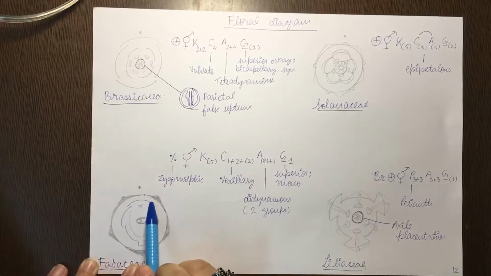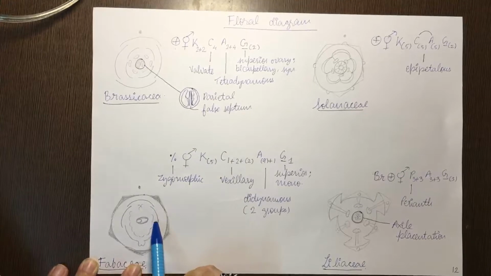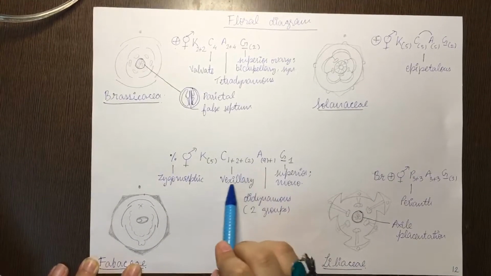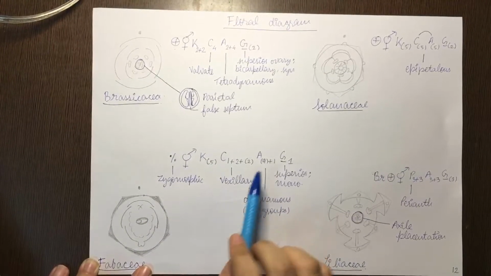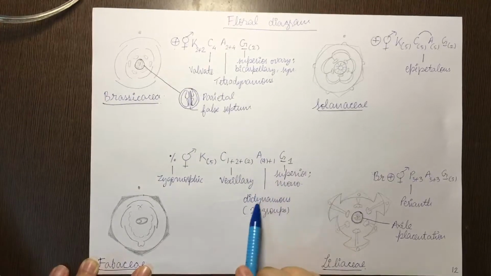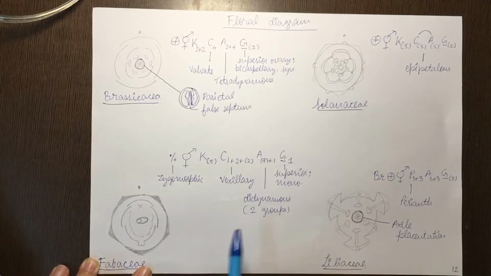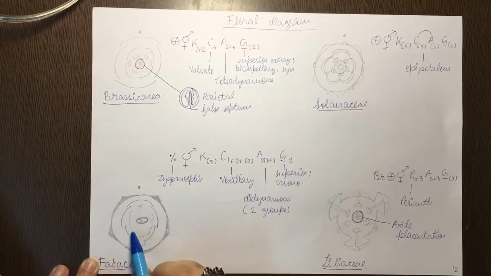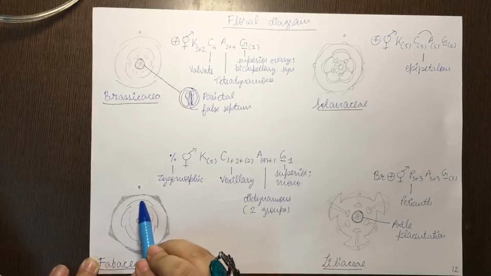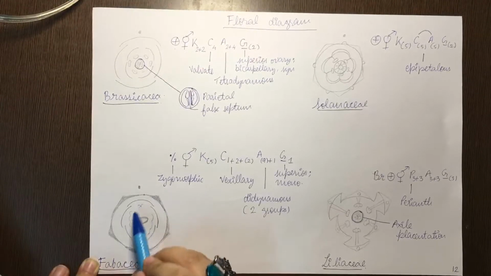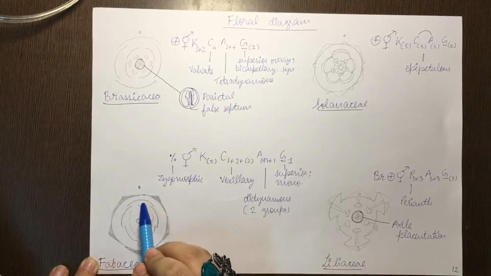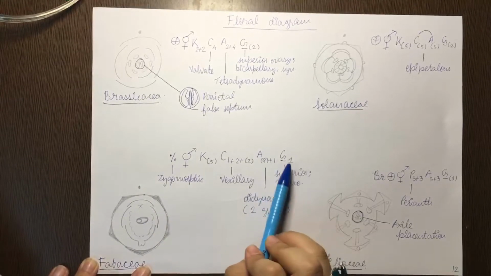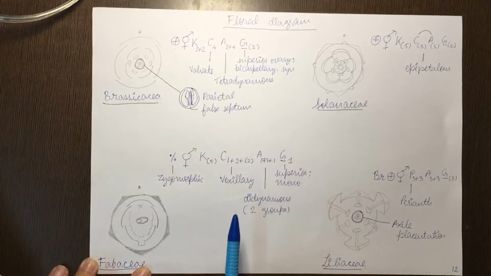So this is 1 plus 2 plus 2, vexillary. Androecium is 9 plus 1, diadelphous, because there are 2 groups. These are 9 fused and this is 1. So this forms 2 groups. And the ovary is superior, monocarpellary.